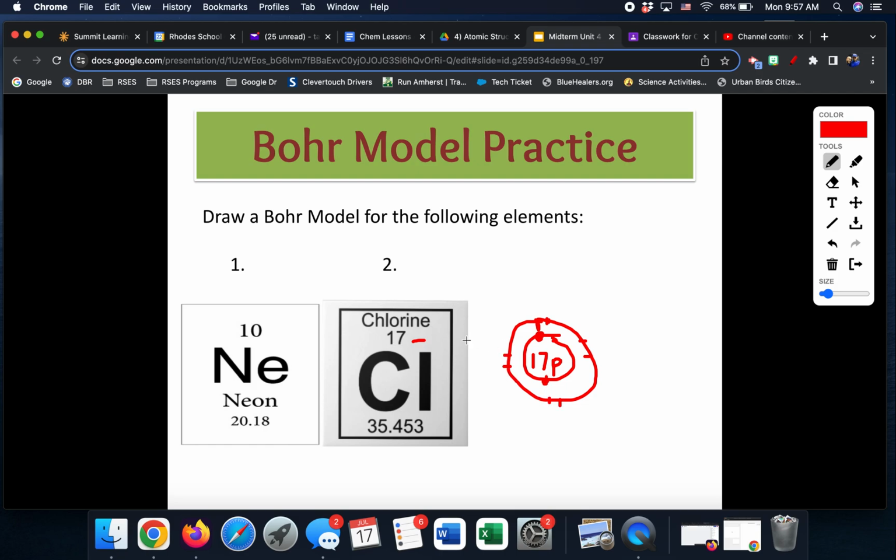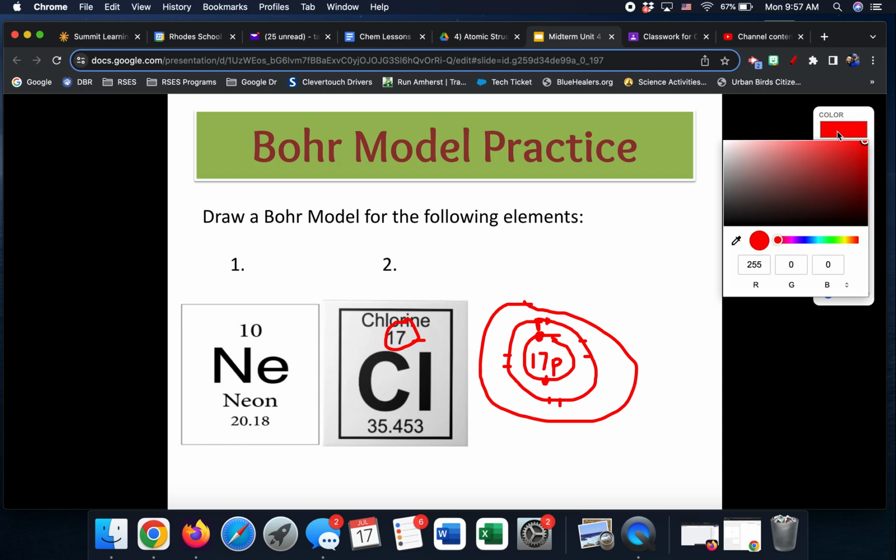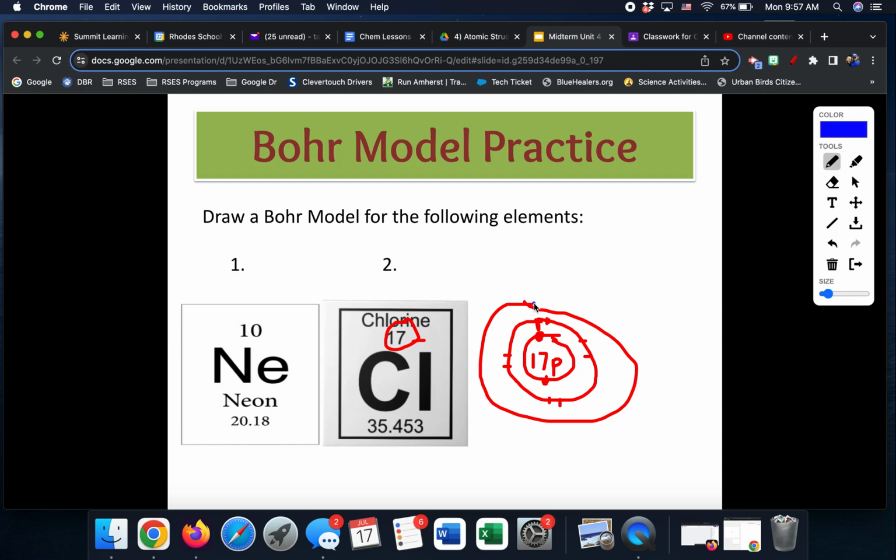And I've put 10 dots so far, so I need 7 more to get to that 17 total. So I have to make a third level. It could hold 8. It doesn't have to. I'm just changing the color to make it easier to see. It can hold less than 8 too, and ours only needs 7. So that's what we're going to put. And that's our Bohr model. It's got 17 electrons, fits our 2-8-8 pattern, so we're good. So that's what you're going to draw in box 2.